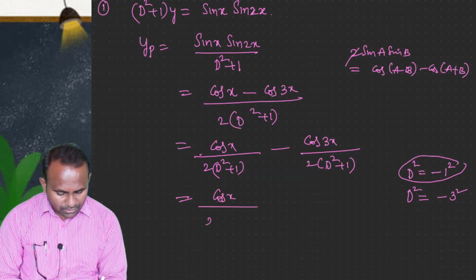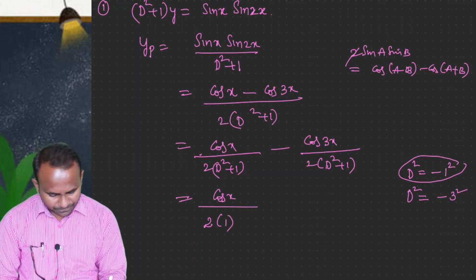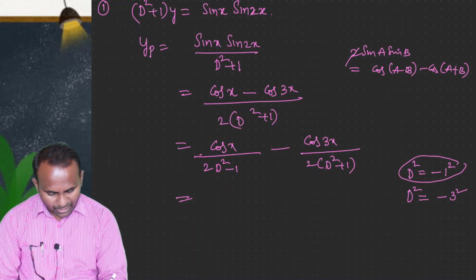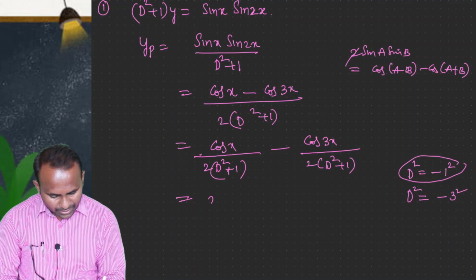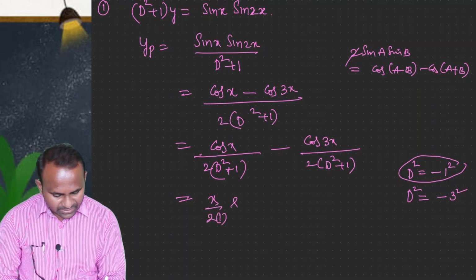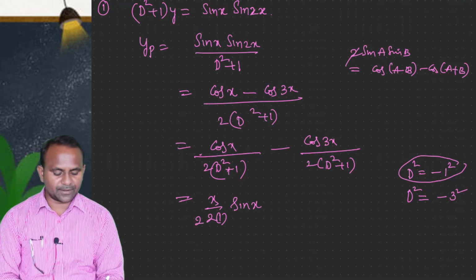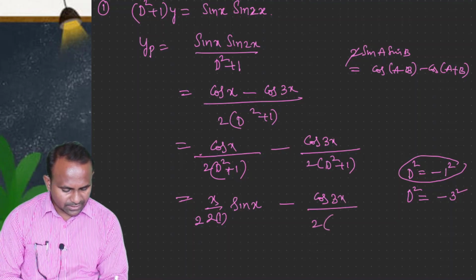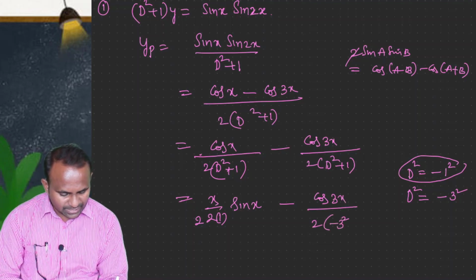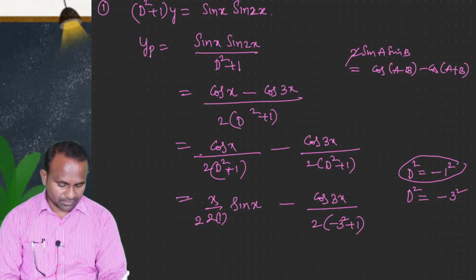cos x over 2a, sorry, let me write the formula also, that thing is already known to you, which is x over 2a sin ax, but 2 is already there here, that 2 will be there, minus, this is direct substitution, which is not a failure case, d square is equal to minus 3 squared plus 1, minus 3 squared, not minus 3 whole square, that you must think of.